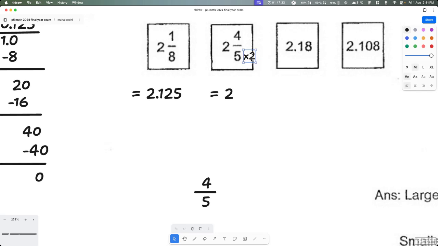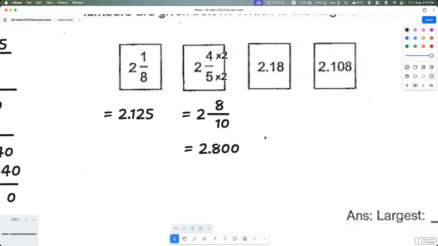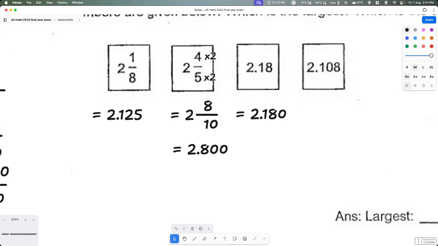So we multiply 5 by 2, and this will give us 8 out of 10. Why do we do this? Because from this we can convert directly and don't have to do the division anymore. So 2 8/10 is 2.8, and then we have two decimal places, 2.80. For this we will have 2.180.